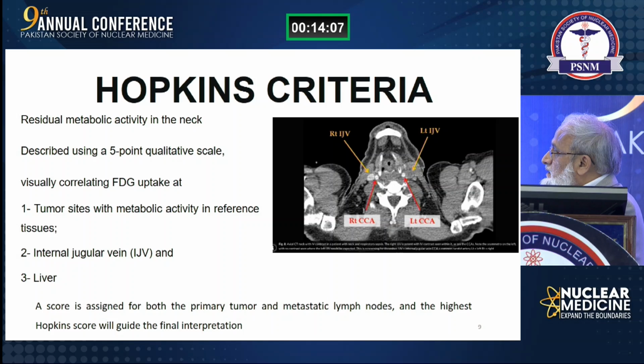That was introduced somewhere in 2014, almost 10 years ago. Here they compared the tumor sites, whether primary or lymph node, against activity of FDG uptake in the internal jugular vein, and third, the liver. A score is assigned for the primary tumor and metastatic lymph nodes.